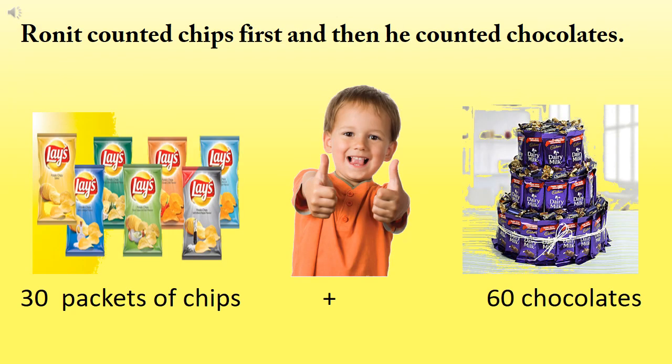Now mother asked Ronit to count these things again. So Ronit decided to count chips first and then he decided to count chocolates. So first of all he counted the packets of chips which were 30 in number, and then he counted chocolates which were 60 in number. So he announced that they have total 90 packets of chips and chocolates altogether.